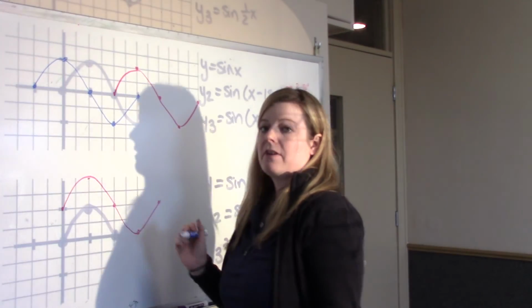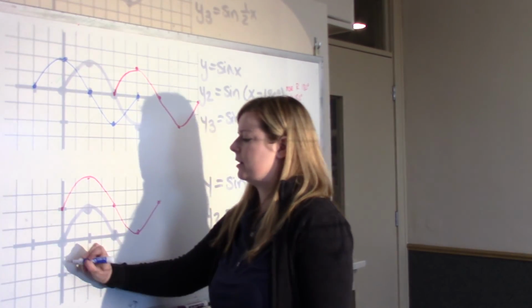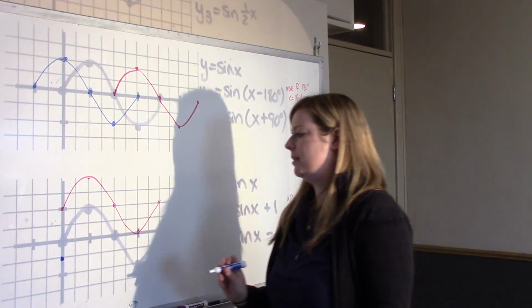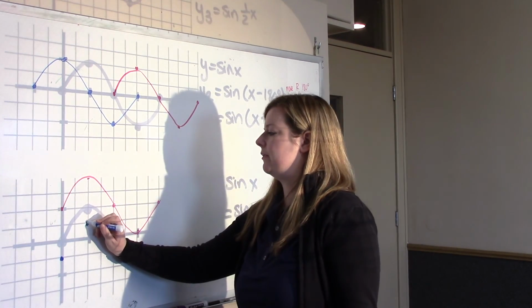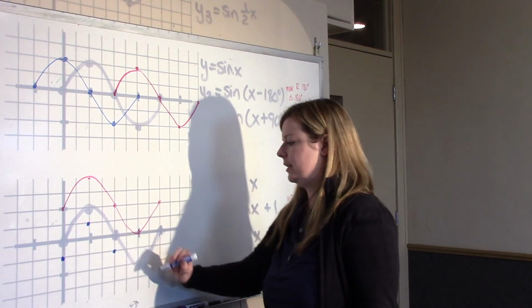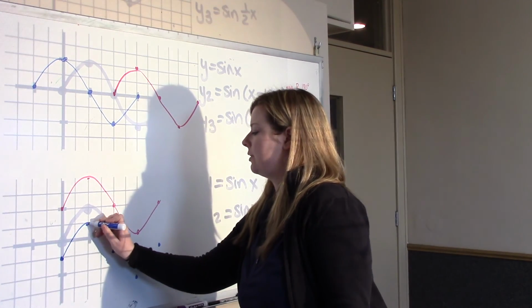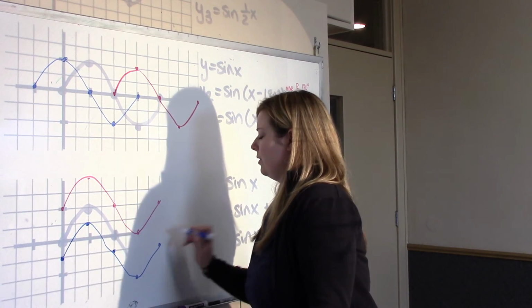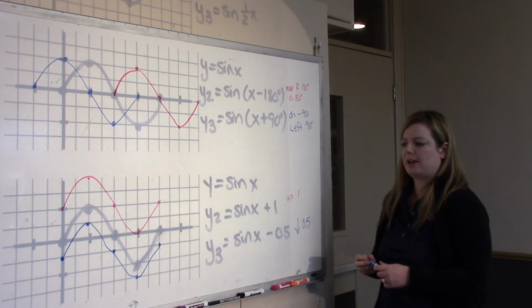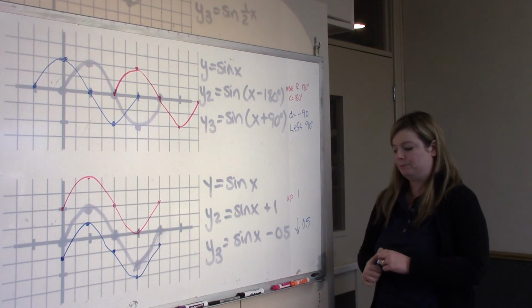So 0.5 on my scale is represented by 1 grid mark. So down 0.5, down 0.5, down 0.5, down 0.5, and down 0.5. And I draw a nice, smooth curve. So that's just been translated down.